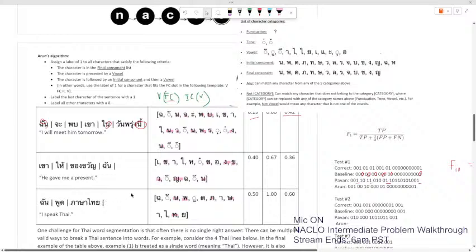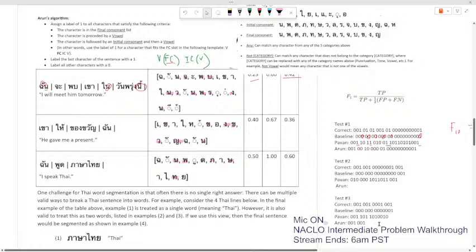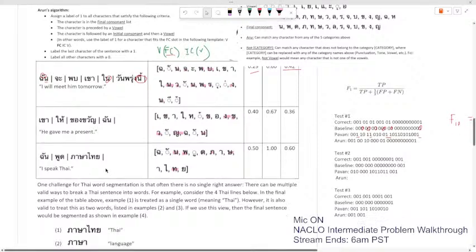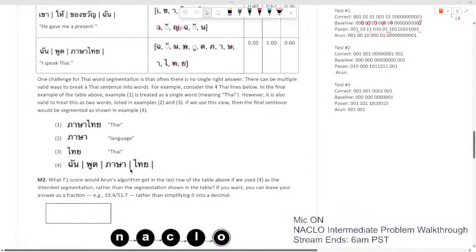And then this is the last character of the sentence, so it'd be 0, 0, 1, 2, 3, 4. Oh, but it's segmented differently. Right. So it would be actually here. We should do this one.